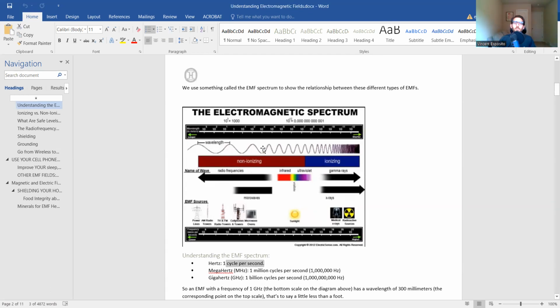So as you go down the electromagnetic spectrum here from left to right, you're going to have shorter wavelengths, higher frequencies, because you're getting more full cycles in a shorter amount of time.